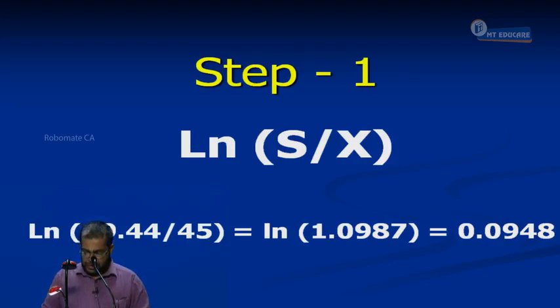That is 0.08618, and I had 0.0948, because this table gives you only 1.09. I had taken from a table that has more decimals. It depends on the table given. I had 1.0987, so I got 0.0948. Please, it's only a table difference that is happening.